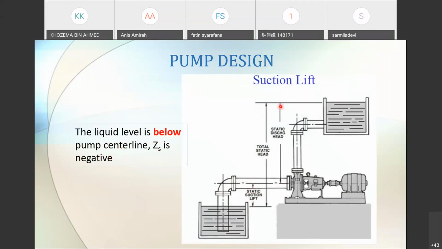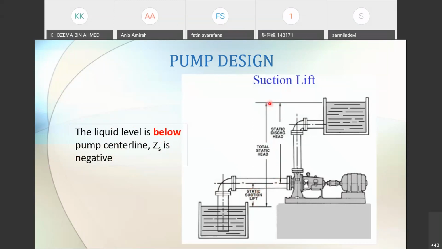In order for you to find ZB minus ZA, the Z here we can see is ZD, or Z at the discharge, and this is Z at the suction. So ZD minus ZS, since this value is negative, is going to be ZD plus ZS.